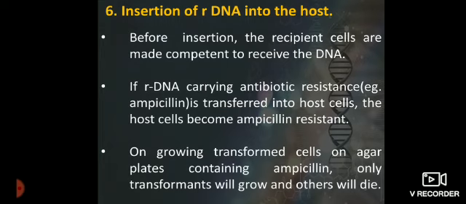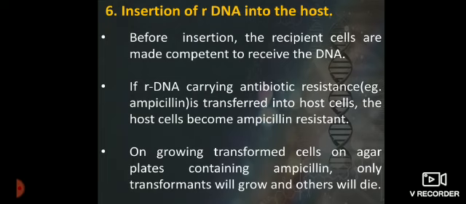The 6th step is insertion of recombinant DNA into the host. As I have explained earlier, before insertion the recipient cells are made competent. We treat the recipient cell with some chemicals to make it competent to receive the foreign DNA.